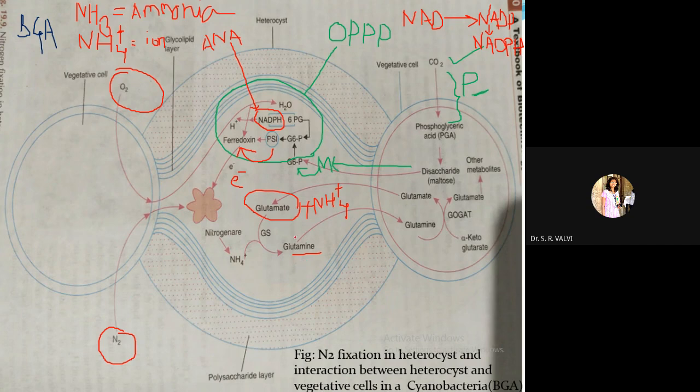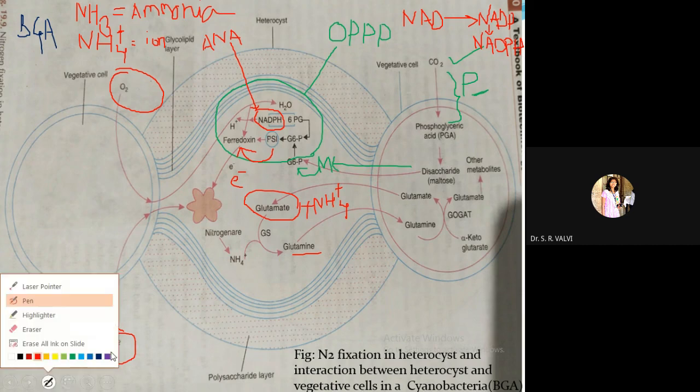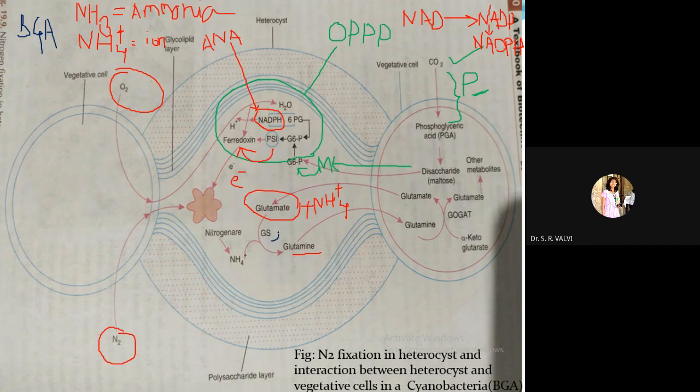Please listen again very carefully. What condition is there? Let me change the color of my pen. This is the GS, and here GOGAT. In both GOGAT and GS, the first G stands for glutamine, and in GS the S stands for synthetase. As glutamine is going to form, the enzyme name is glutamine synthetase. Please do remember, glutamine synthetase.